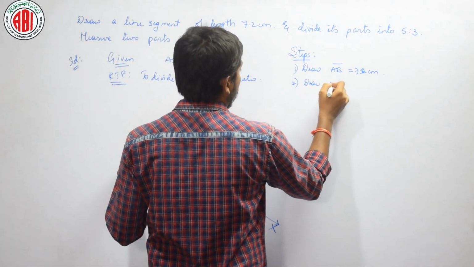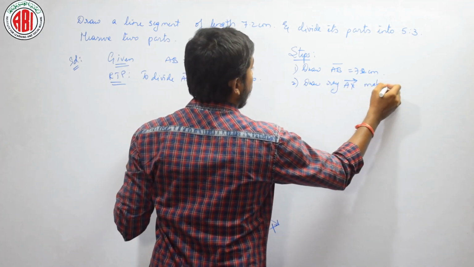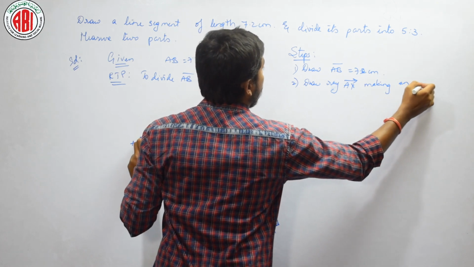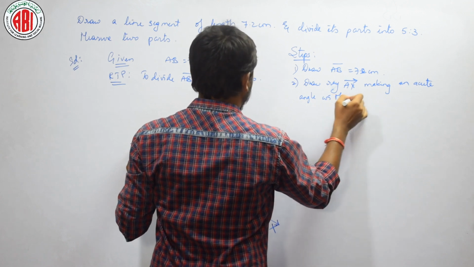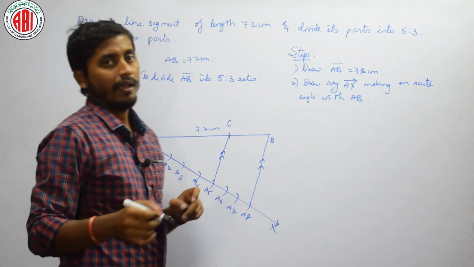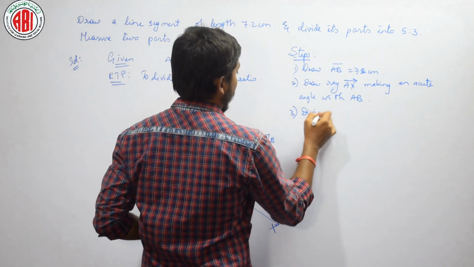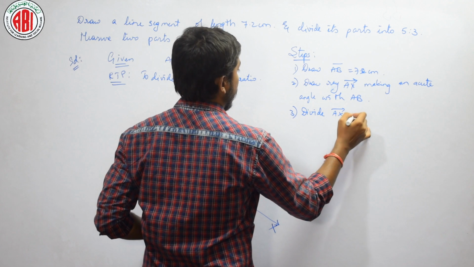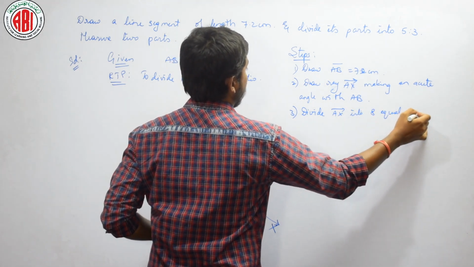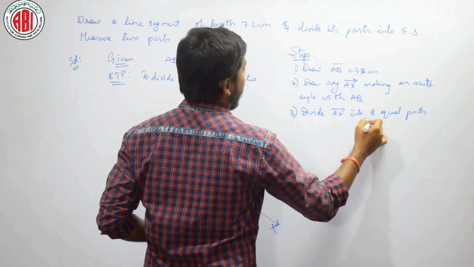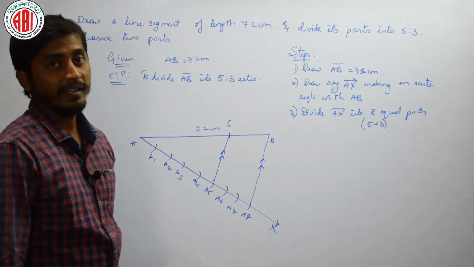Draw ray AX making an acute angle with AB. Now let us divide AX into 8 equal parts. Why 8? Write it as 5 plus 3, since the ratio is given as 5:3.